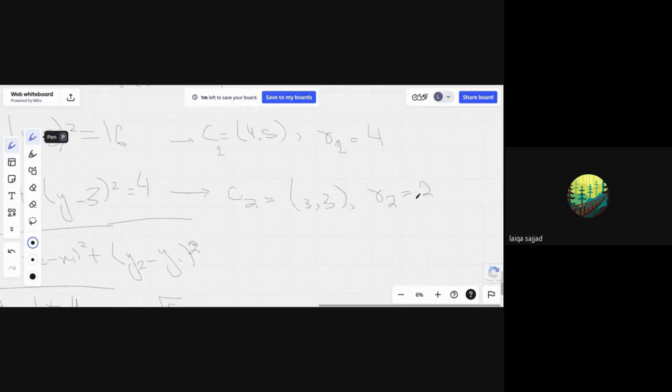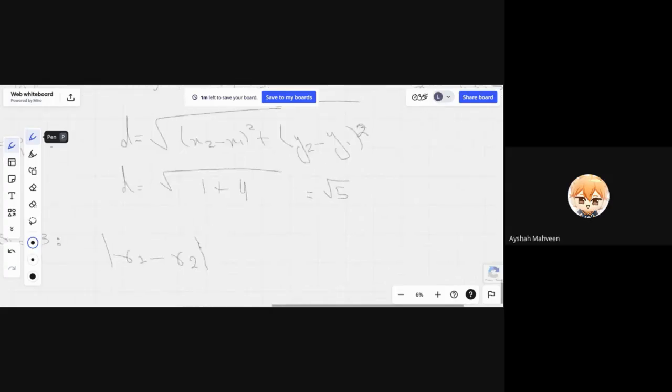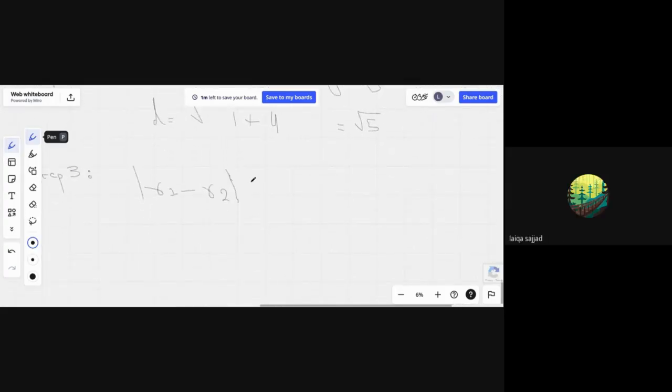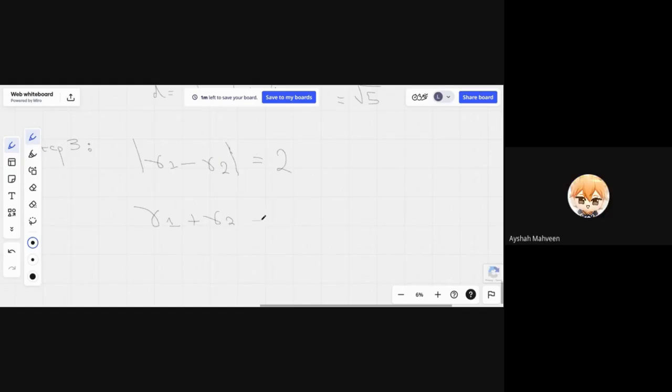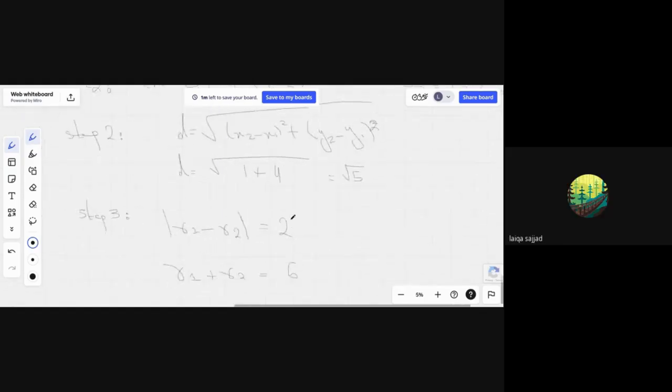R1 was 4 and R2 was 2. It's 2. Okay, so this is going to be 2. And then you need to find R1 plus R2. What would be the value for this one? 6. Okay, very good.